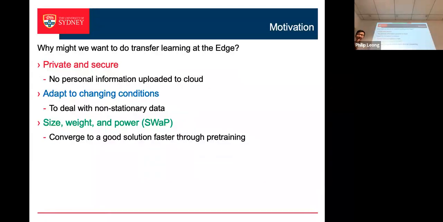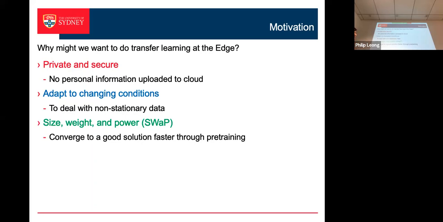And you know, we're still kind of struggling to understand what is a really good application of transfer learning. But some reasons why one might want to do this on the edge are privacy and security reasons. If you only process images at the edge, then you don't have to store any potentially personal information or send that data to the cloud.